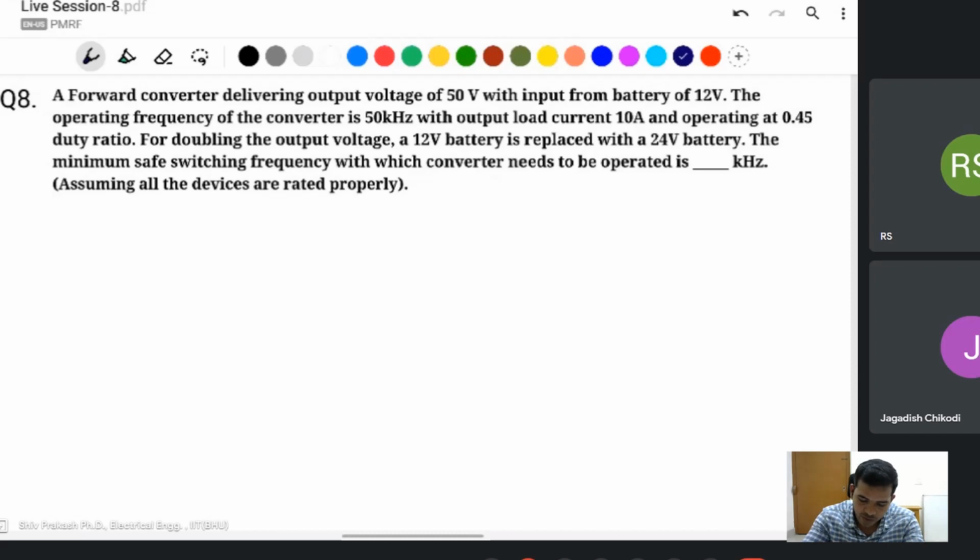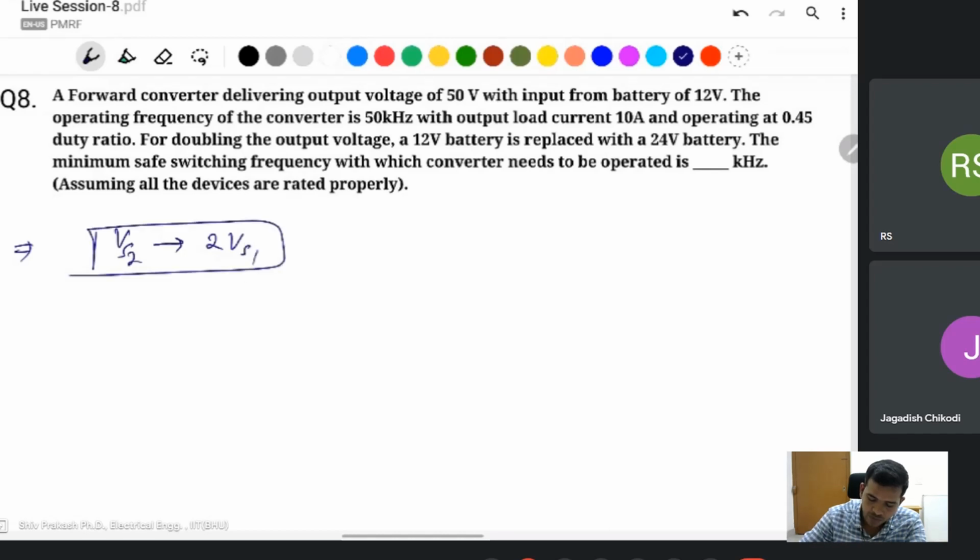What is the minimum safe switching frequency with which the forward converter needs to be operated? It means you directly apply twice the VS to get the output voltage double.